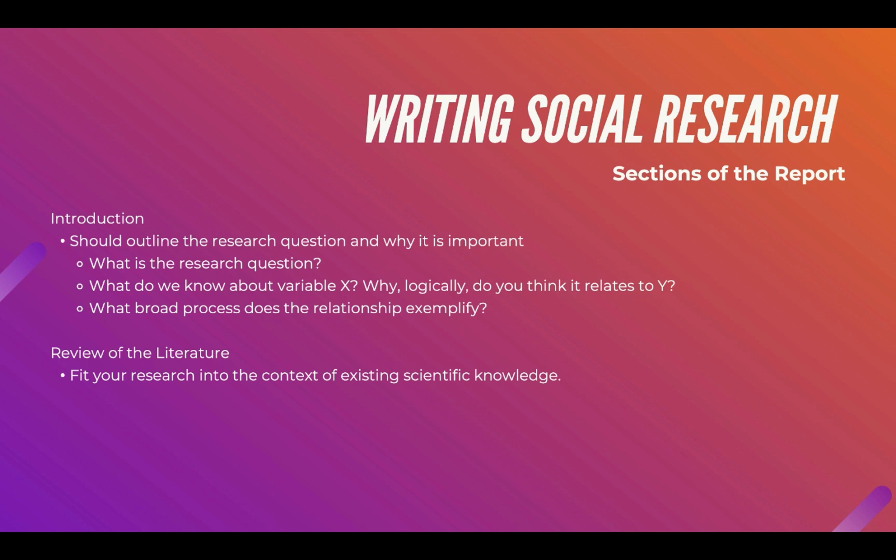That means, what are other authors saying about this relationship? Has there been a lot done on this relationship, or is there not a lot? Are you one of the first to investigate this relationship? I will point out that you should proceed with caution when you're reviewing the literature and making claims about your research question fitting or not fitting within existing literature. Oftentimes you'll spend maybe an hour or two poring through the literature on a topic, looking for articles that talk about your specific topic, but then you'll find very little or sometimes nothing.